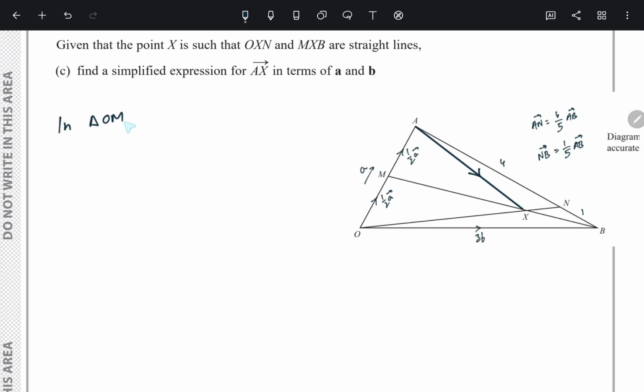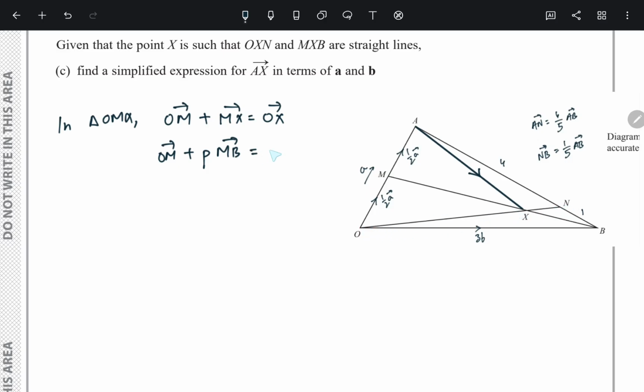In triangle OMX, you can see OM plus MX is going to be OX. We already know OM, but we don't know MX. But we do know MB, so we can write MX is some multiple, let's say P times MB. We have already found MB in part A, and OX is unknown, but we know ON.